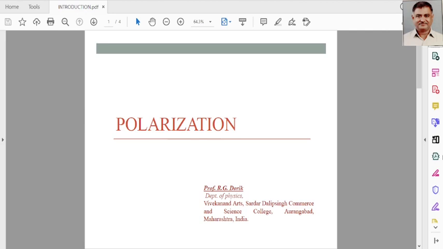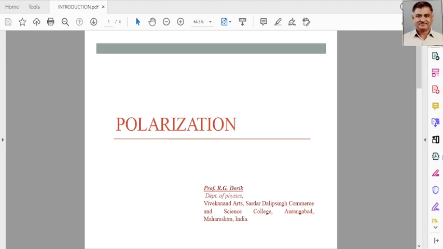This is nothing but the optical phenomenon when the light is coming from common light sources, then that light is unpolarized. The state of polarization cannot be detected by the unaided human eye.